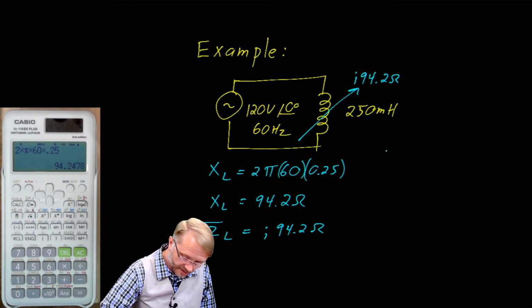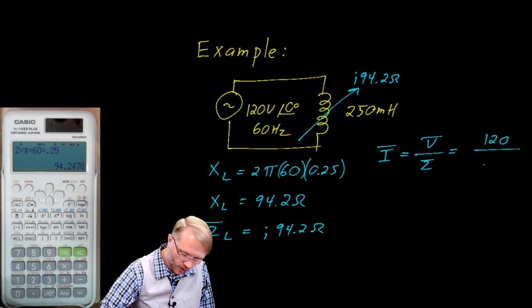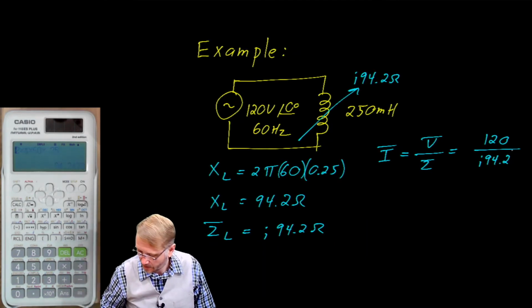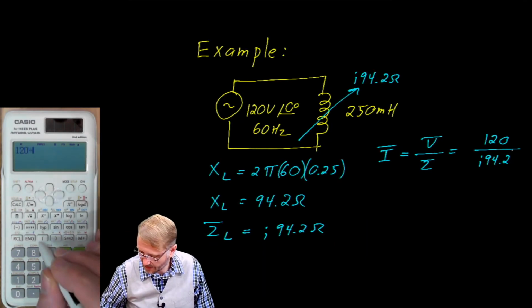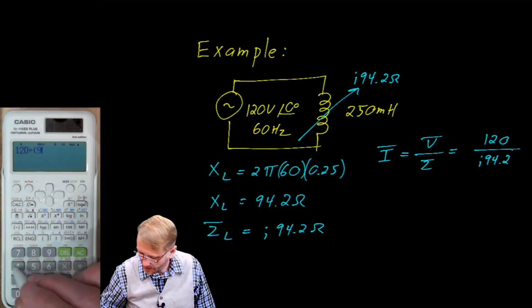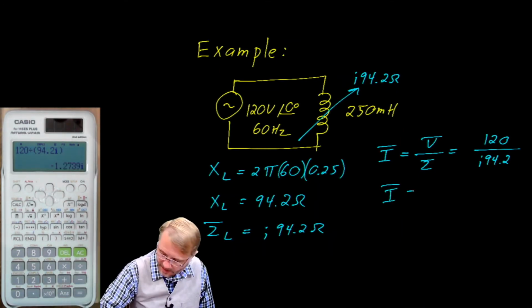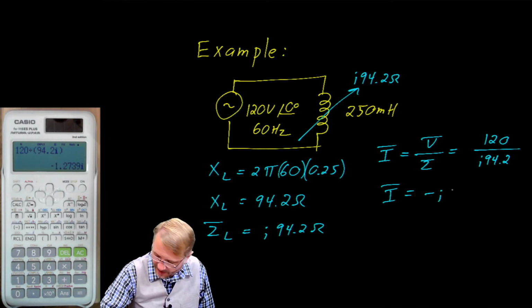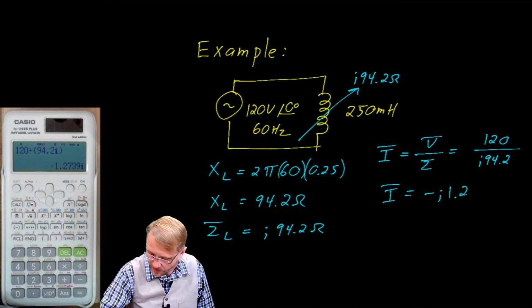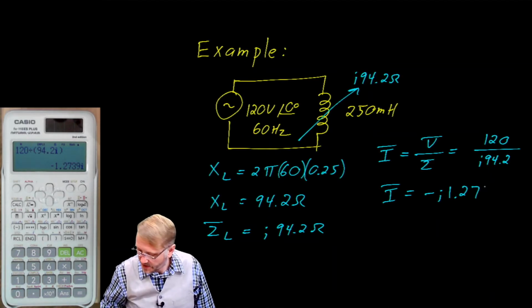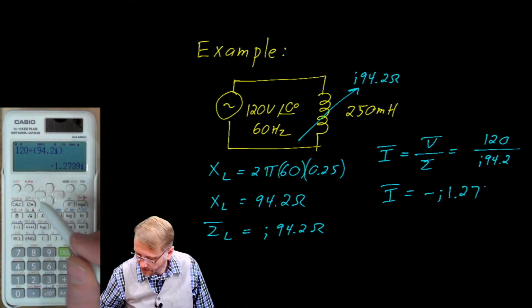Knowing that, we can solve for the current. So the current is equal to a voltage over an impedance. In this case, it's 120 over j94.2. So 120 divided by 94.2j, which gives us a current of negative j1.27, which is fine, but I'm going to shift that into polar form.